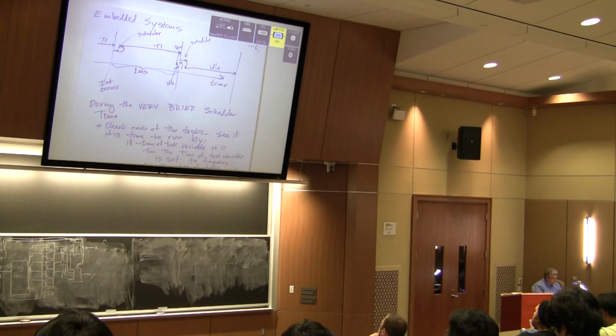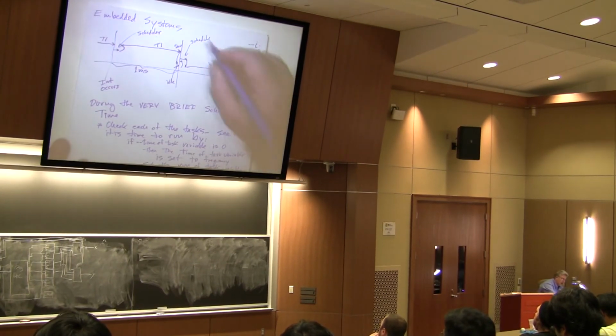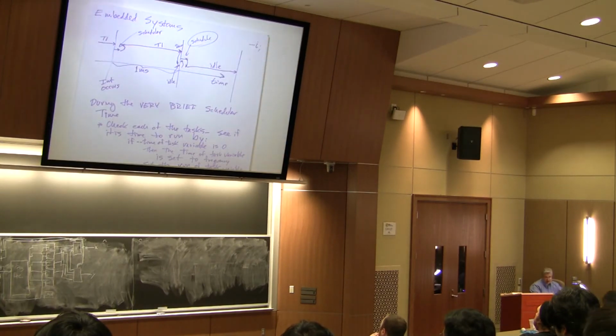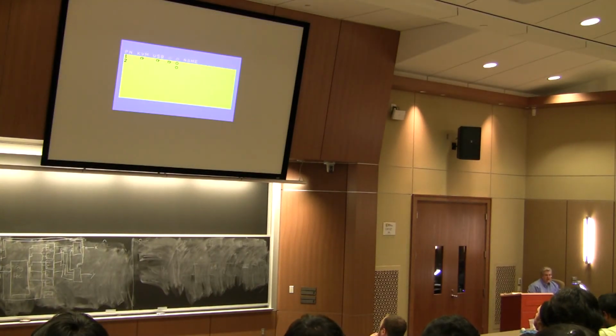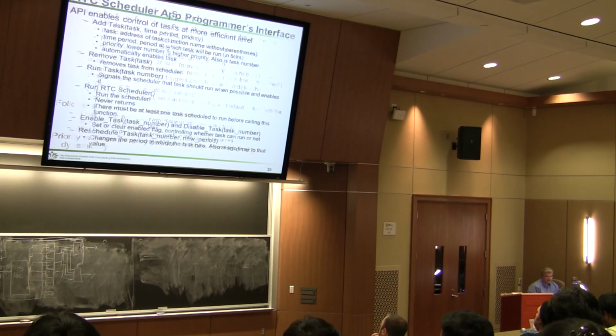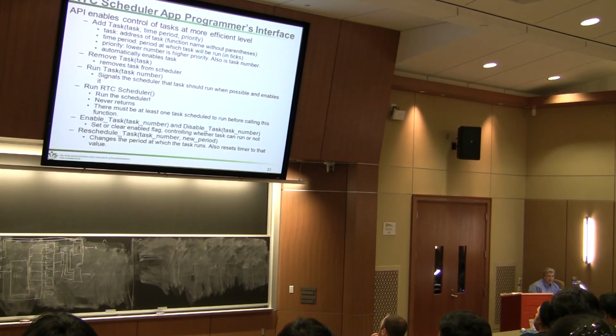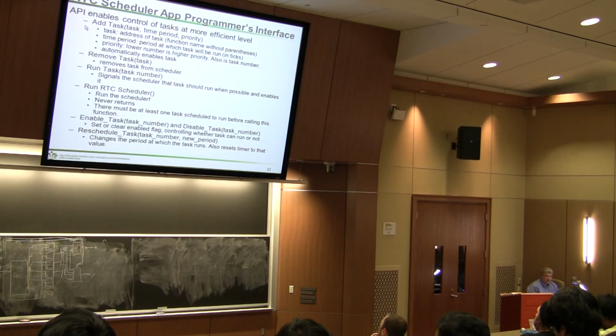So back into here, this is an example of what we're going to do. Now we're going to look at how we're going to set up all of these tasks that we're going to run, how we're going to ensure that the scheduler is going to run. So I gave you what was called an application programming interface. This application programming interface said that we had the following tasks.